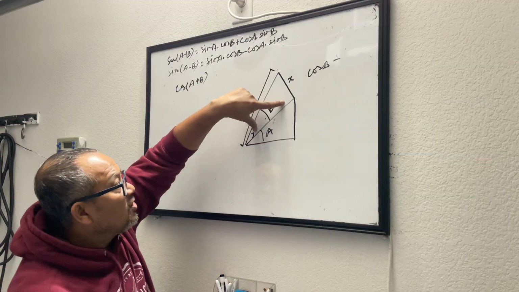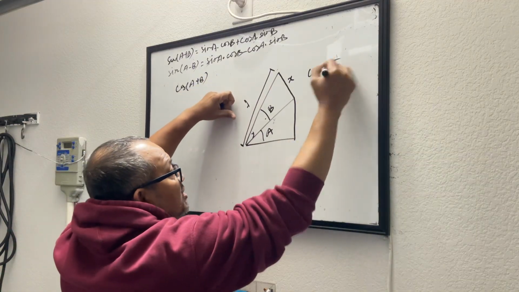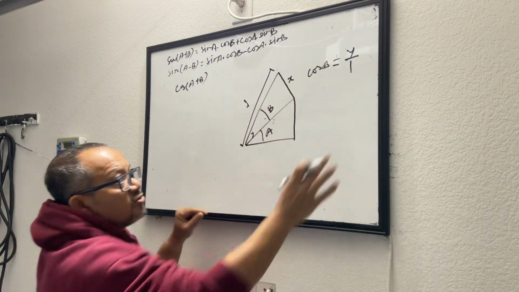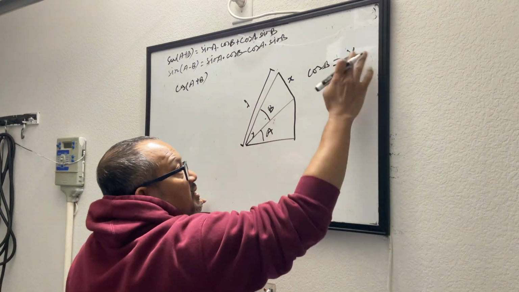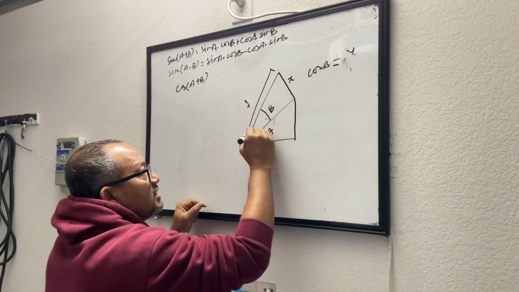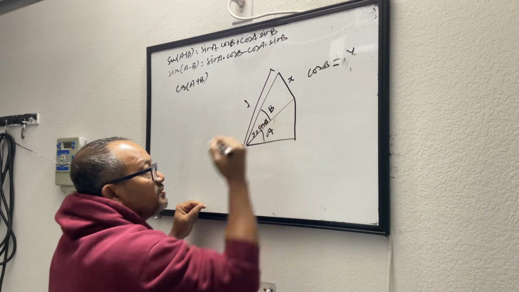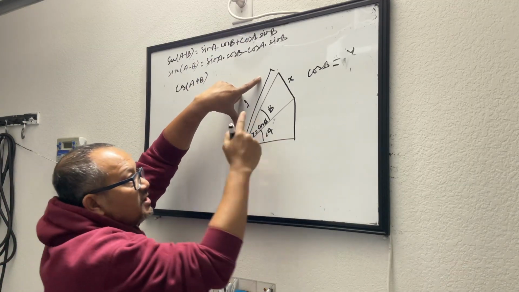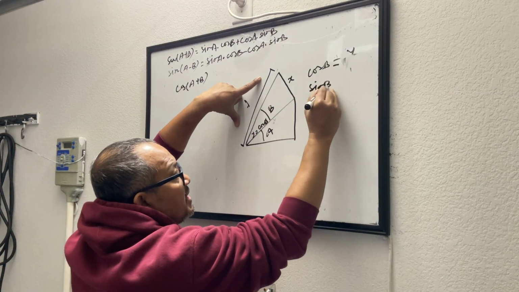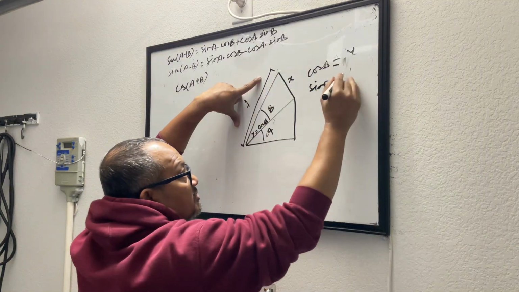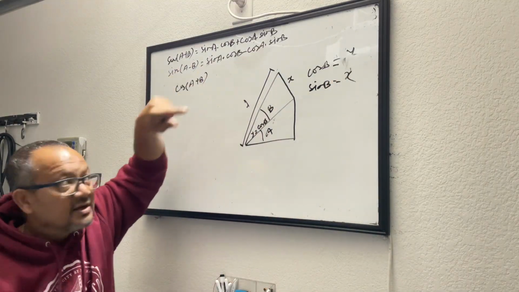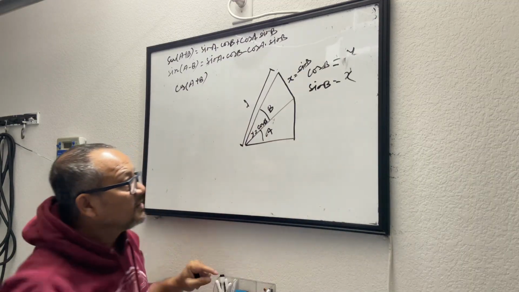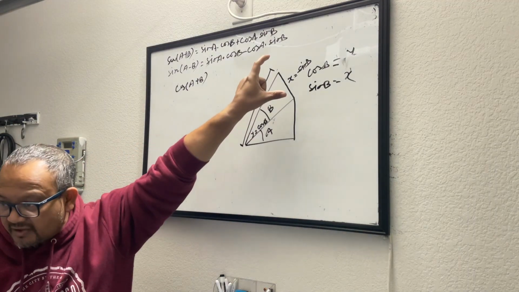So cos of B equals Y over 1, so cos of B equals Y. Similarly, X over 1 is sine of B, so sine of B equals X by hypotenuse, that is X. So this length is cos of B, this is sine of B.